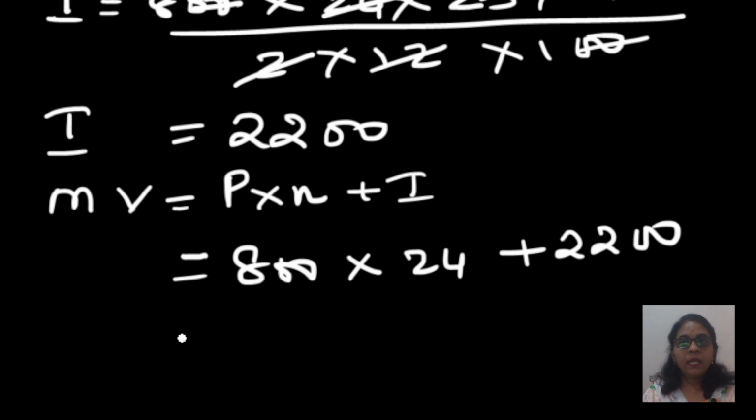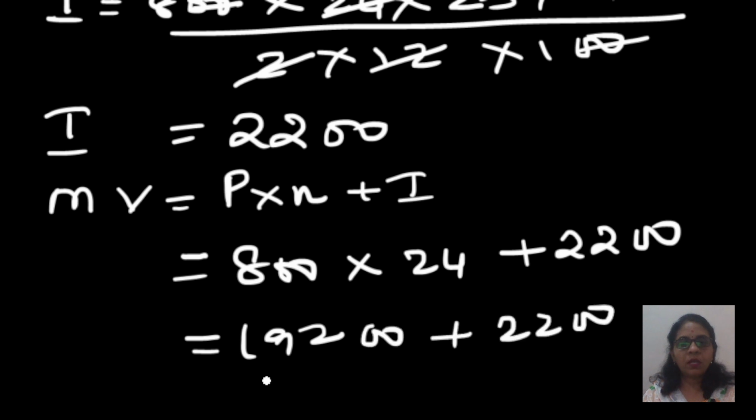800 into 24 is how much? 24 into 8, 8 fours are 32, 3, 16, 19,200 plus 2200, which is 21,400. So the maturity amount is 21,400.